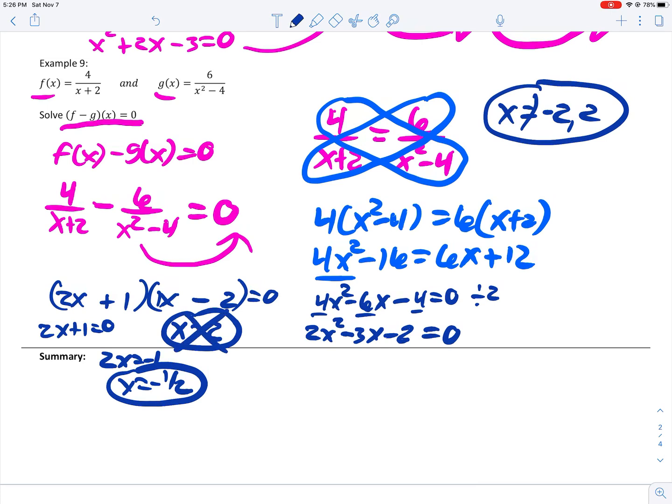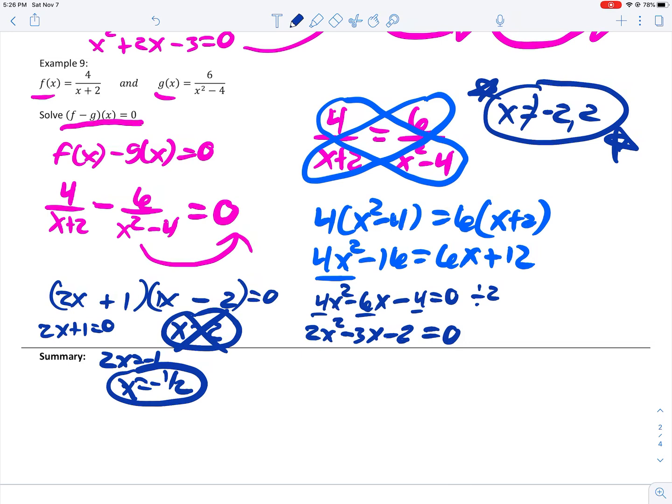So that's not a solution, it's only the negative 1/2. So that's why you always have to remember to check your extraneous solutions. What makes your denominators equal to 0? You've got to remember that. So sometimes you get those solutions. And again, that is technically a solution for my factored quadratic, but not the original equation. And that's what I'm solving. So it's just the negative 1/2.